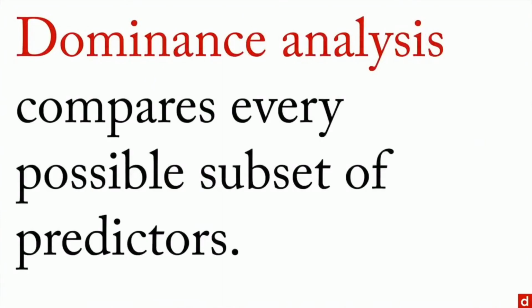Again, sounds really good, but you have the problem known as the combinatorial explosion. If you have 50 variables that you could use, and there are some that have millions of variables, with 50 variables, you have over 1 quadrillion possible combinations. You're not going to finish that in your lifetime. And it's also really hard to get things like standard errors and perform inferential statistics with this kind of model.